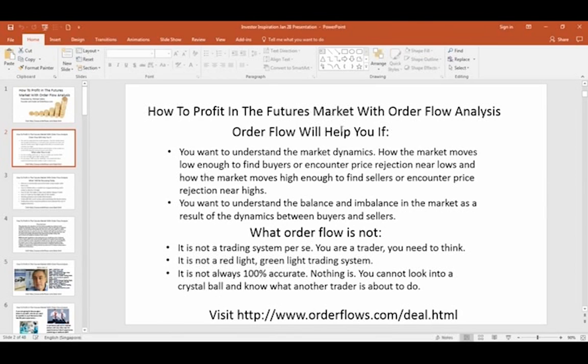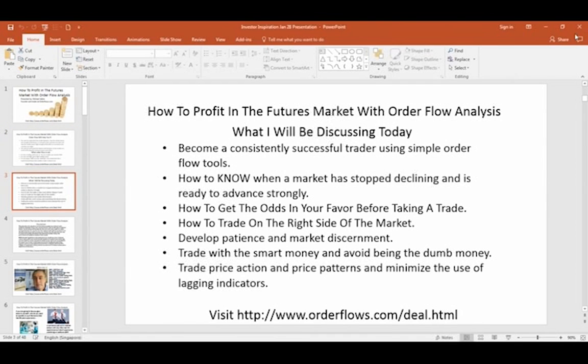You can come up with the best indicator in the world that the trading world's ever seen, and you get a buy signal, but you don't know when the trader at Goldman Sachs has got 5,000 E-minis to sell over the next 5 minutes, and you just got long, your 5 lots, and then boom, he presses the button and the market sells off 2-3 points against you. You don't know when that's going to happen, but with order flow, you can understand what's happening and pick up on it and react to it.